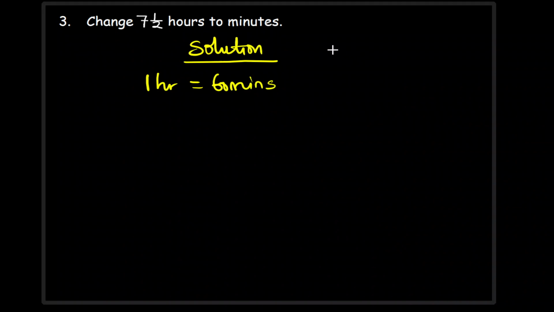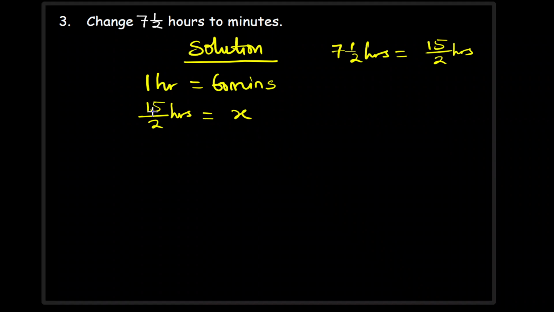And then we have 7.5 hours, which if we change this will give us 15 over 2 hours. So we have here that 15 over 2 hours equal to x.